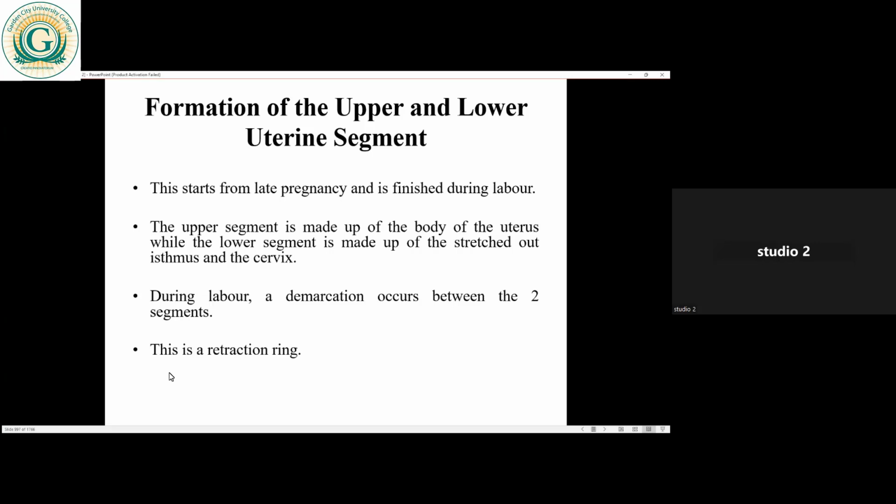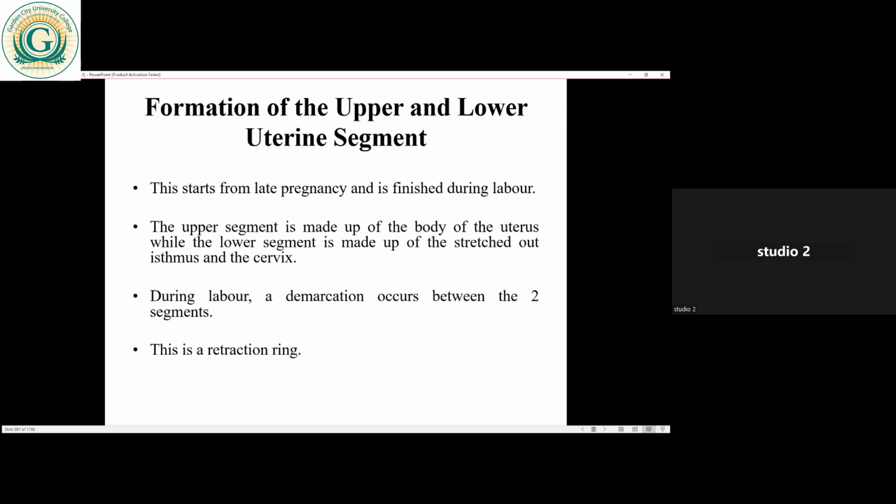The upper segment is made up of the body of the uterus. Please go back and look at your anatomy, body of the uterus. And the lower segment is made up of the isthmus and the cervix. During labor, a demarcation occurs between the two segments.